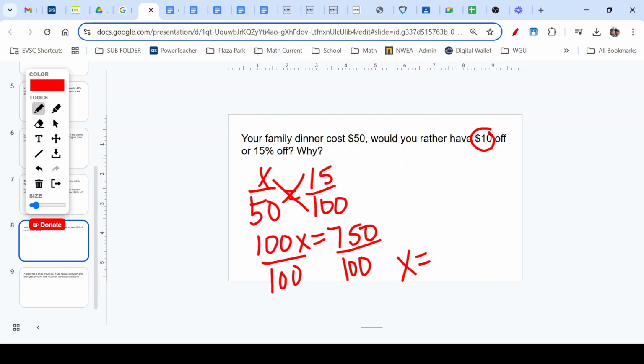So the $10 discount is better than 15%. Again, just find the discount and compare the two options.